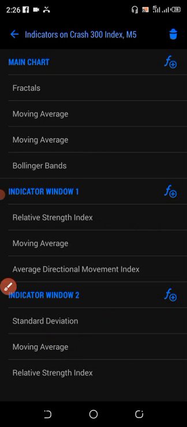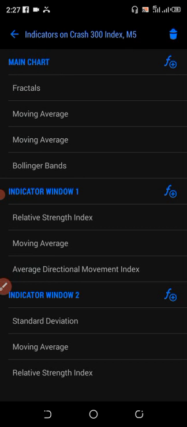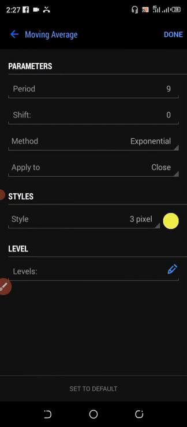Now this is standard deviation, 9 days, shift 0, exponential. Some people use simple, but for market analysis you use exponential. Myself, I'm using exponential. You use the color of your choice, which is the style. No levels here, please. Then moving average, I'm using 9 moving average, exponential, use a color of your choice.